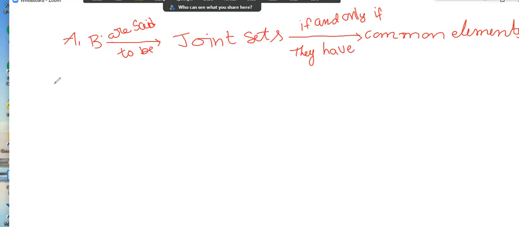If we have common elements, then we can talk about the intersection. So they are called joint sets.